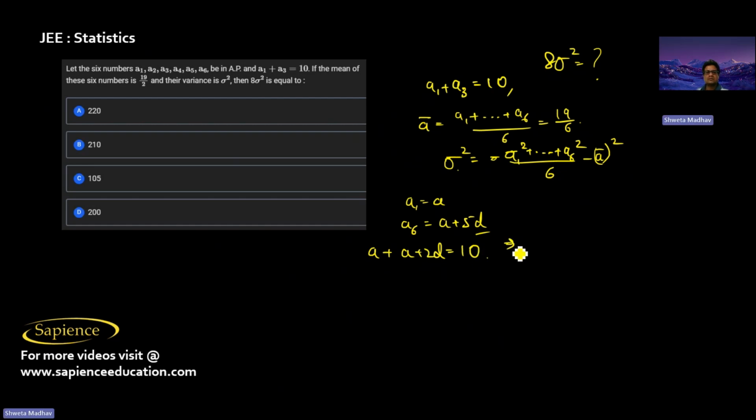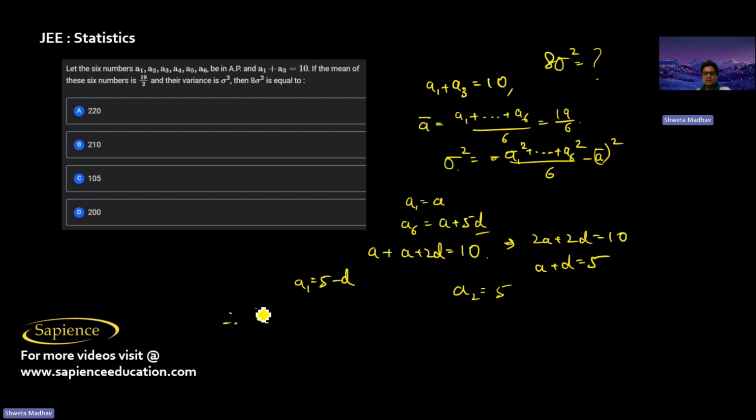So 2A plus 2D equals 10, so A plus D equals 5. It means that the second number is 5. So A1 will be 5 minus D, A3 will be 5 plus D.